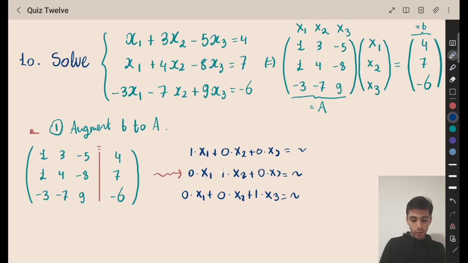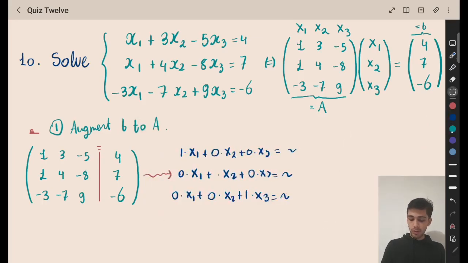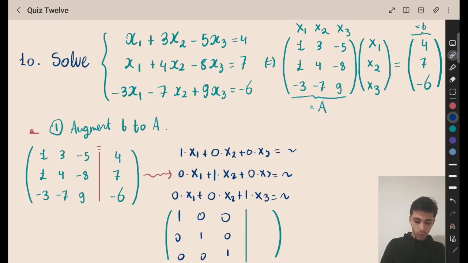Now, this would ideally translate to the following system. So if I want to write this as an augmented matrix, then I can say that my publicly stated goal from this Gaussian procedure is to have 1, 0, 0, 0, 1, 0, and 0, 0, 1.